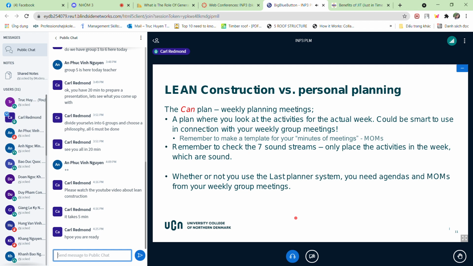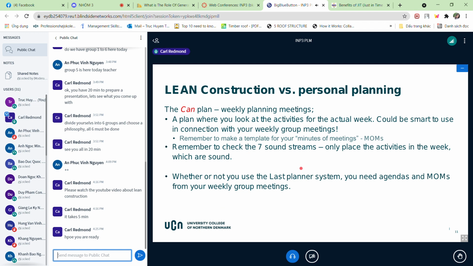Let's look at the CAN plan. This is weekly planning meetings, where you look at the activities for the actual week. It could be smart to use in connection with your weekly group meetings, because we expect that you have the group meetings now. Remember to go in and check the 7 sound streams, the activities that we need to know are in place.